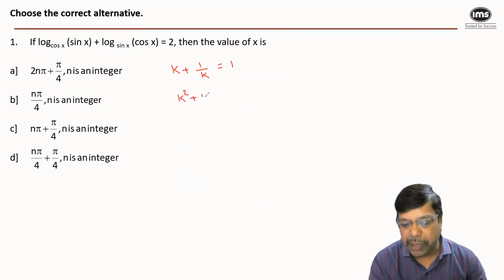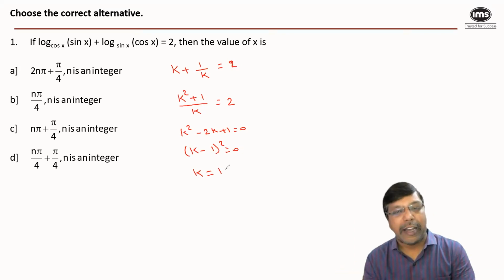So, k square minus 2k plus 1 is equal to 0, or k minus 1 whole square is equal to 0, which gives you the value of k equal to 1.